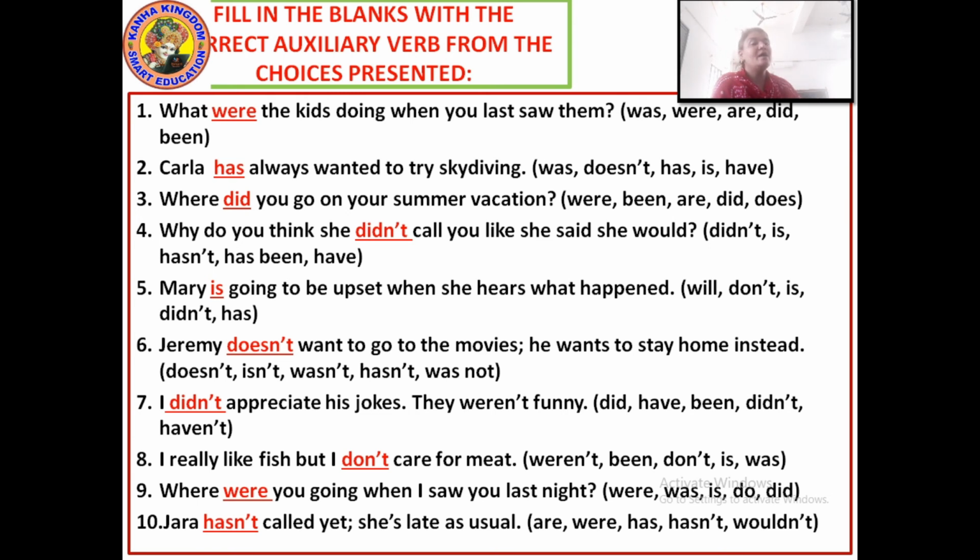Next, Carla always wanted to try skydiving. Here in this sentence we will use the auxiliary verb has. Carla has always wanted to try skydiving.